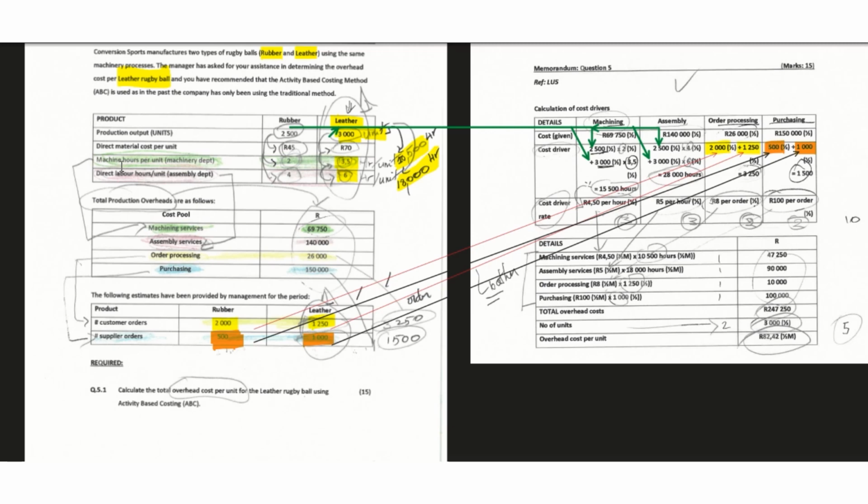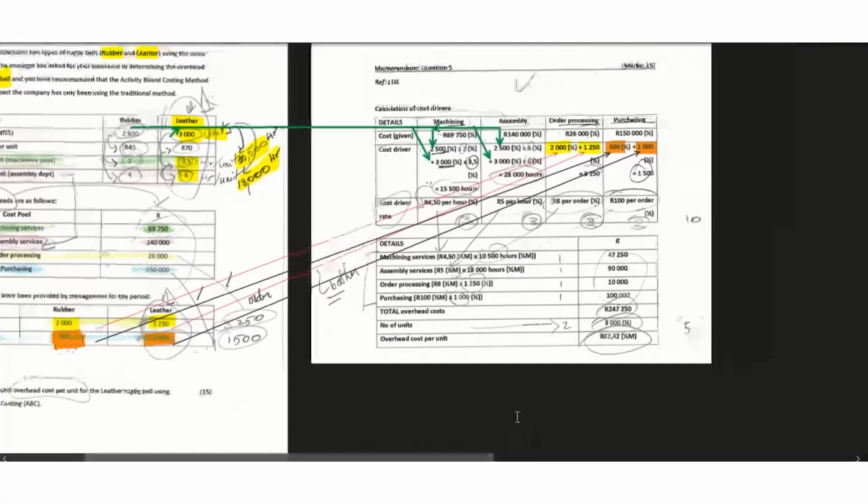The next table provides how many customer orders were made for the production of the rubber balls, and how many customer orders were made for the production of the leather rugby balls, and then you have supplier orders. All these are provided. These are cost drivers.